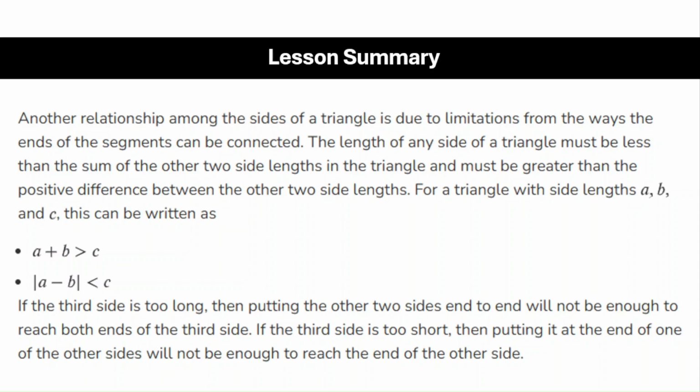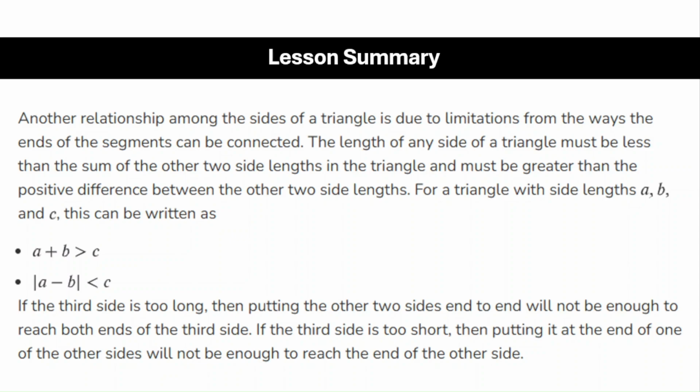And if you think about that, if I've got this long line, C, and then I've got these two shorter lines, A plus B, if I add those A plus B end to end, and they are shorter than C, then I wouldn't even reach from the beginning of C to the end of C. I'd have a line that's shorter than the other line.